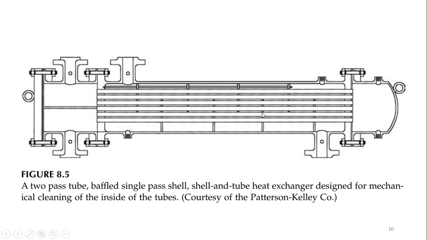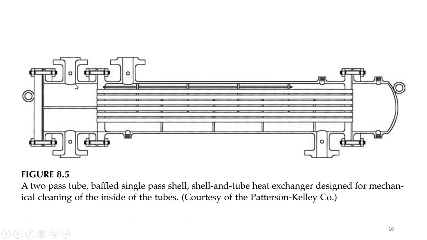So this is a kind of heat exchanger which has two pass tubes, used where the fluid inside the tubes is a dirty fluid. If we need frequent cleaning, we have to use this kind of heat exchanger. If we are using a dirty fluid, the inside of the tubes of the heat exchanger needs frequent cleaning.